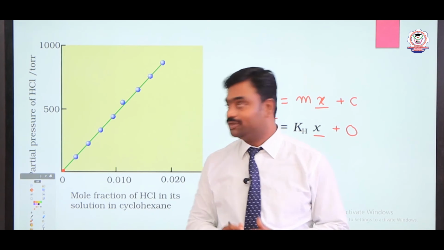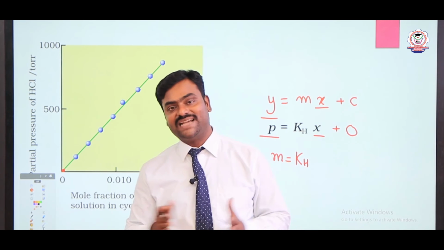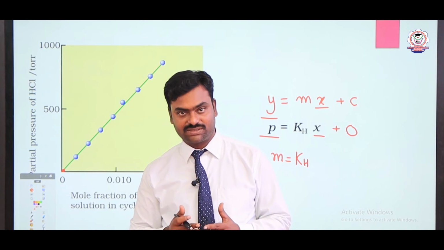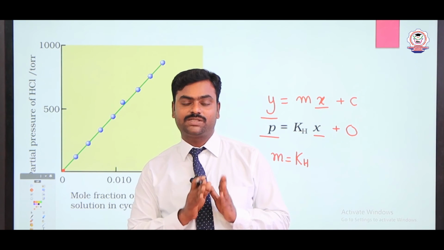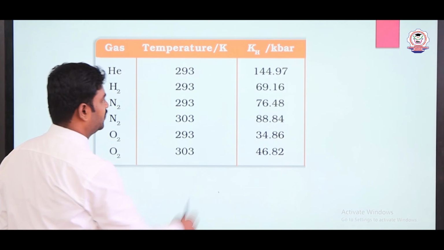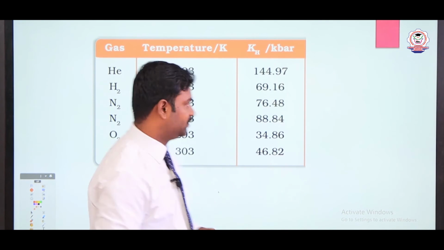So students, using this graph we can identify the value of KH for each gas. It varies with different gases and also different solvents. The value is constant for a particular gas. See here, some values of KH are given.